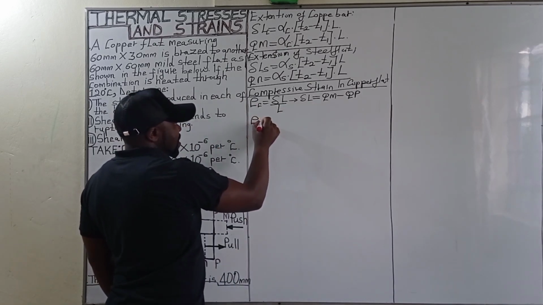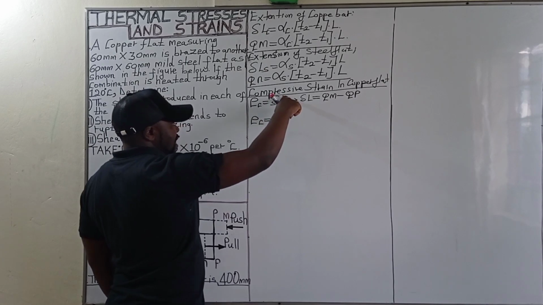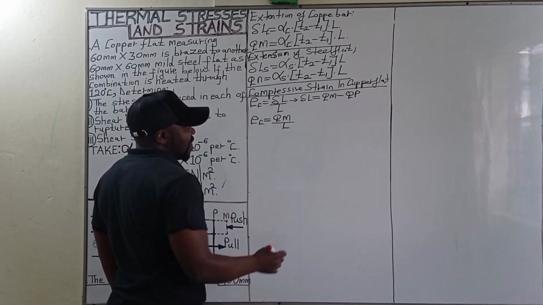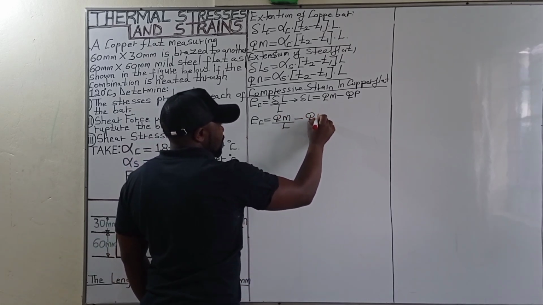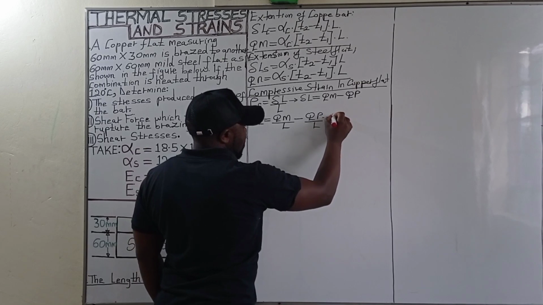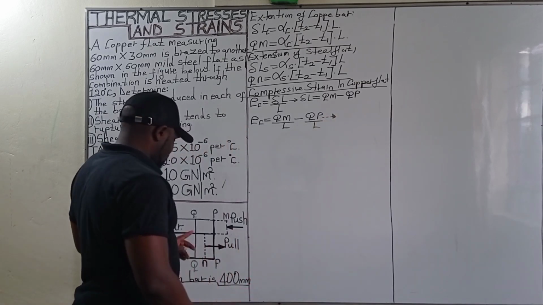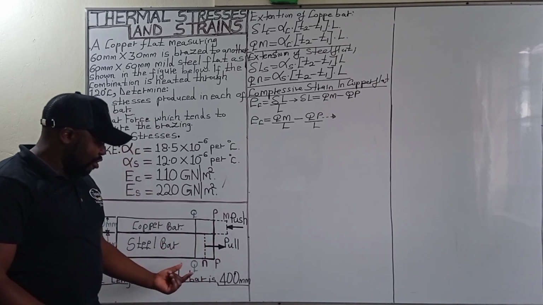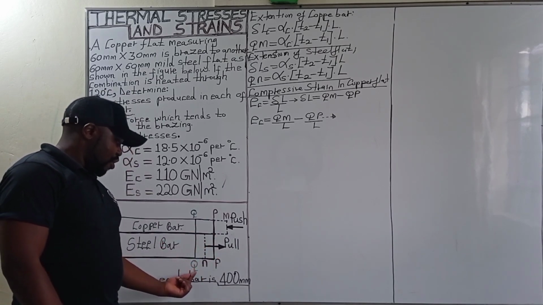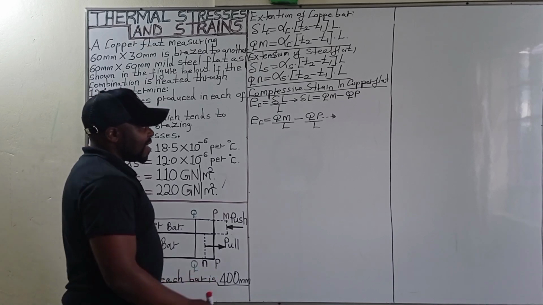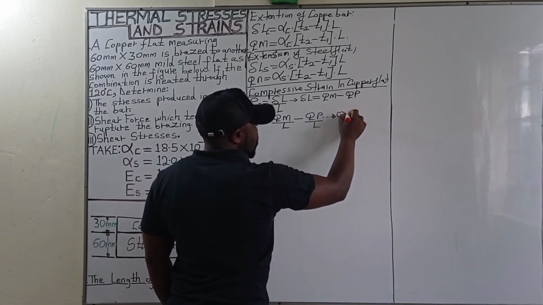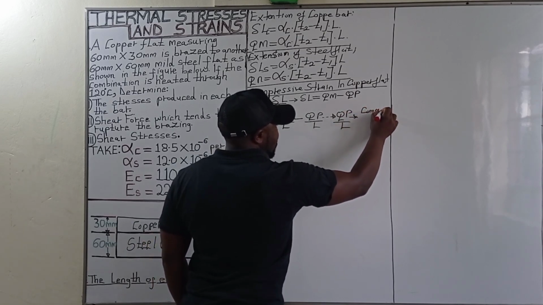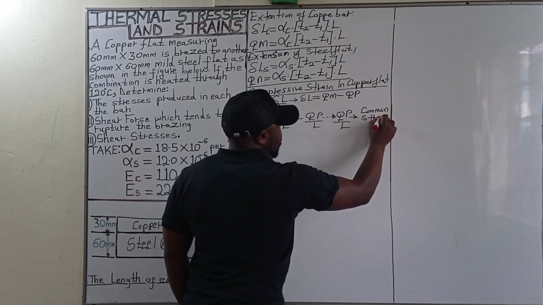Therefore, the compressive strain will be given by the change in length, which is QM over the original length minus QP divided by the original length. But this QP over L is the common strain, because the common strain of the steel bar is also QP divided by L. Therefore, this QP over L is the common strain of the two flats.